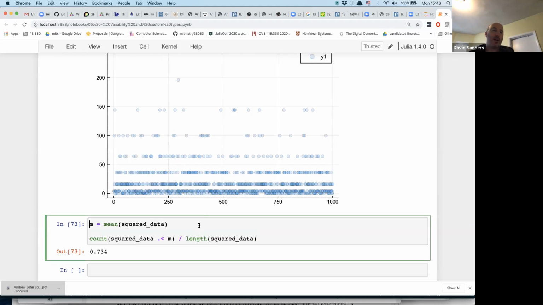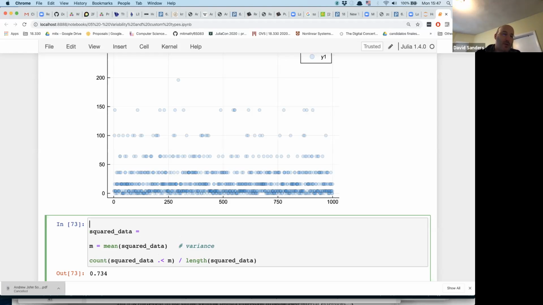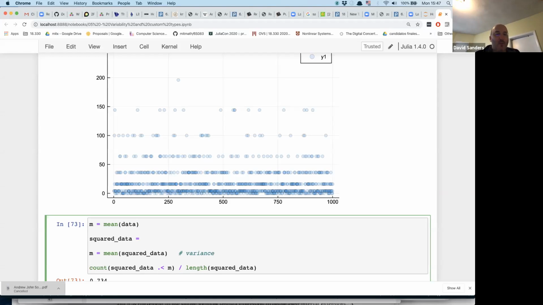So yeah, the mean of the squared data is called the variance. So I was supposed to square the distance. So m is the mean of the original data. Then when I square the data, what am I squaring? I'm actually squaring the data with the mean subtracted and then taking that element by element square.